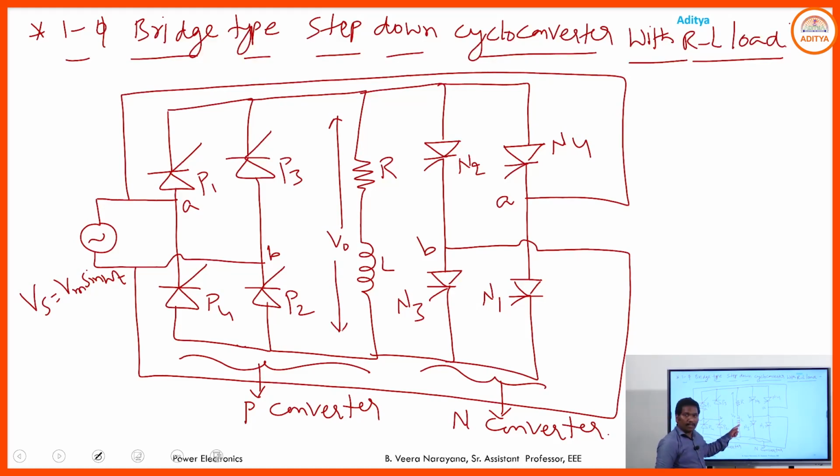Depending on the value of the inductor, this converter operates in either continuous conduction mode or discontinuous conduction mode. If you have a low value of inductor, the converter operates in discontinuous conduction mode, and if you have a high value of inductor, it operates in continuous conduction mode.